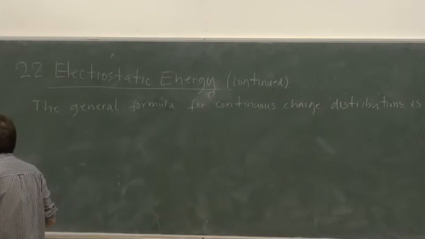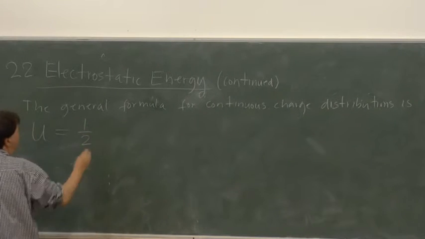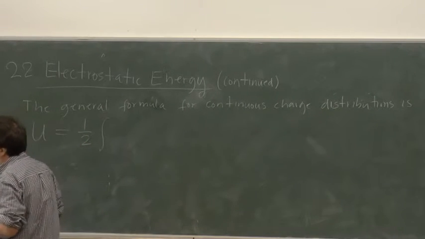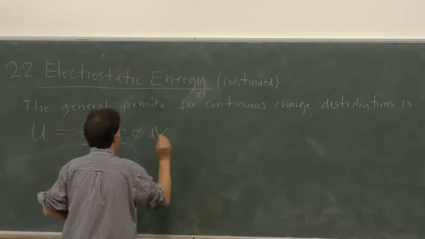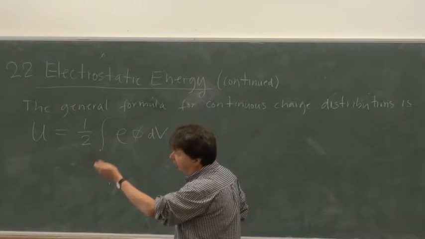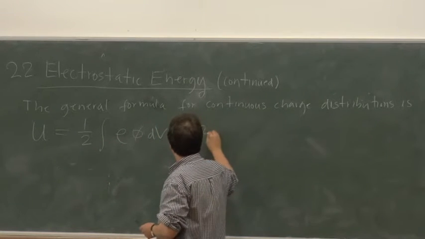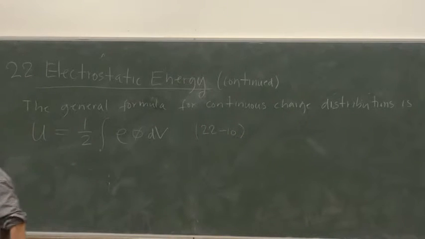When it's written out in full as a double integral, it looks rather ferocious, but in the end it's just a half times rho phi dV. And to keep track of equation numbers, I'm going to miss out a lot of the stuff that's on the VLE notes, but that's equation 2210. So this is the general formula.